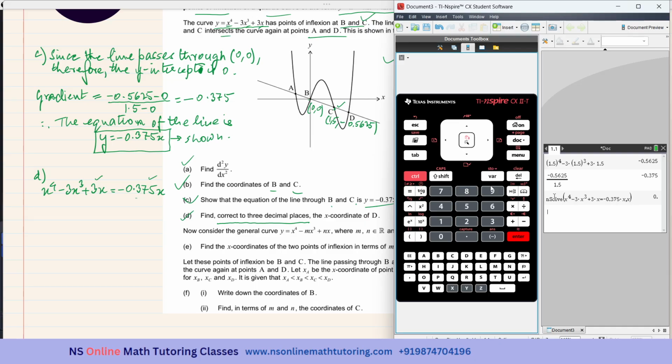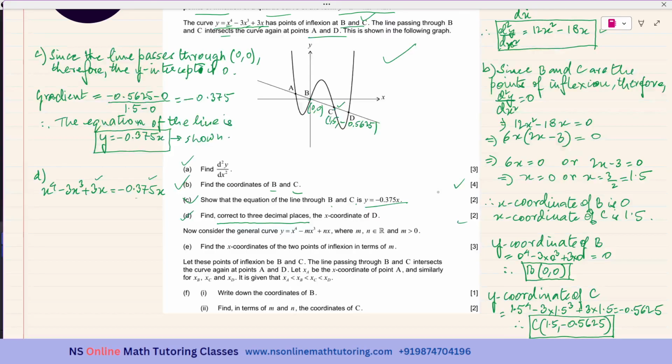It is 0. Of course, one of the solutions is indeed equal to 0, which is the x coordinate of the point B. This is the problem with nsolve. If you have multiple solutions of the given equation, nsolve will give you one of them. It usually gives the leftmost solution, but sometimes it gives other solutions as well.